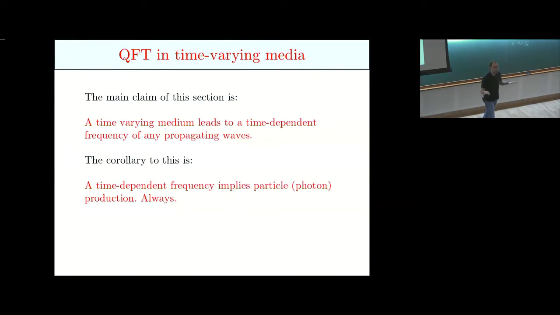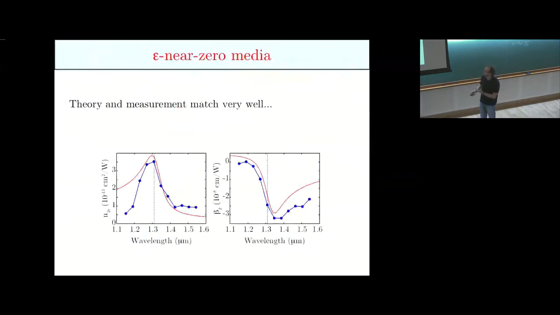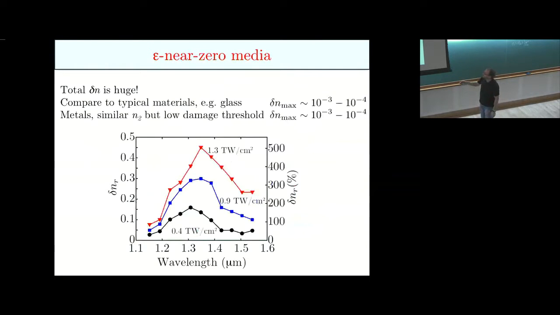Okay, so I completely drop any spatial dependence and just look at the pure temporal dependence. Essentially what these results are telling us is that I have a material, and remember I'm pumping this with a laser pulse. If my laser pulse has a duration of say 50 femtoseconds, then this delta n is going from 0.05 all the way up to 0.5 on a time scale of about 50 femtoseconds.